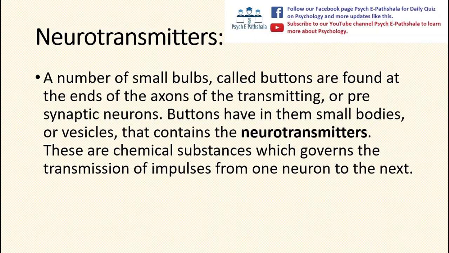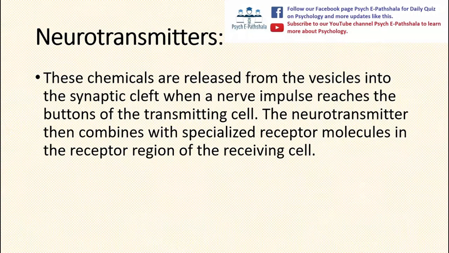These neurotransmitters are chemical substances which govern the transmission of impulses from one neuron to the next one. These chemicals are released from the vesicles into the synaptic cleft when a nerve impulse reaches the buttons of the transmitting cell. The neurotransmitter then combines with the specialized receptor molecule in the receptor region of the receiving cell.